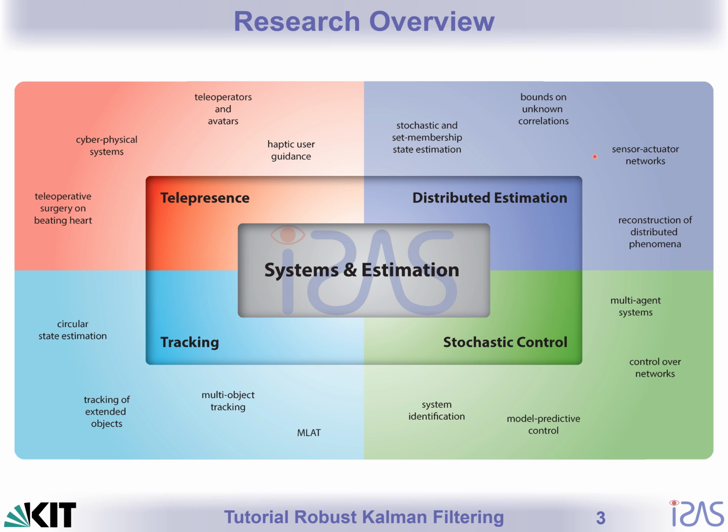So if there are multiple sensors and actuators, particularly then you have distributed estimation. Bounds and unknown correlations. Unknown correlations really often arise in sensor networks. And finally, what's really important to distributed estimation is stochastic and set membership state estimation, which we will deal with here, but we will deal with it very generally in the tracking context.